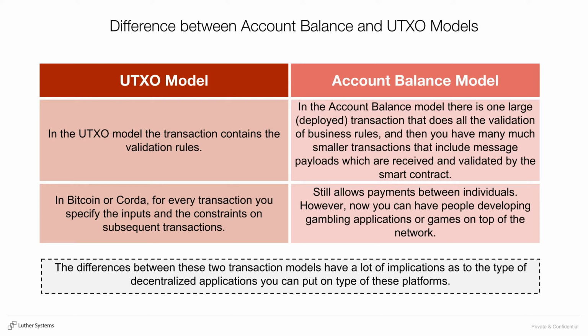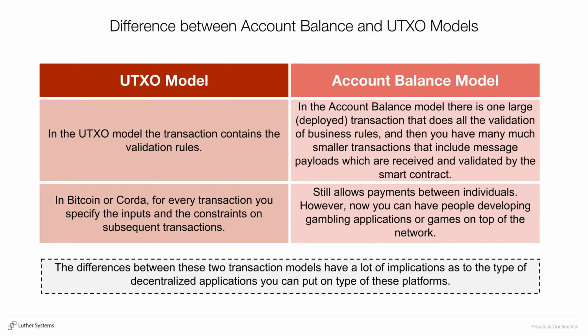And so you have one large transaction, the deploy transaction, that has all the validation and business rules, and then you have many typically much smaller transactions that include message payloads that are received by the deployed smart contract, and validated by the deployed smart contract.